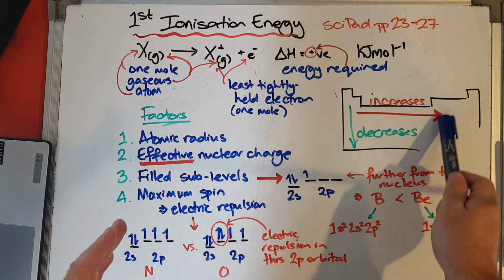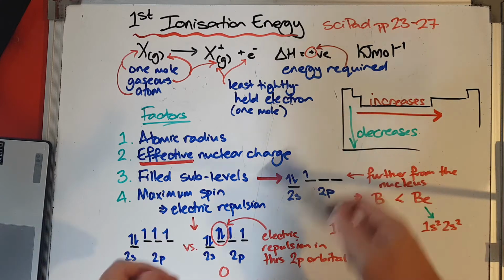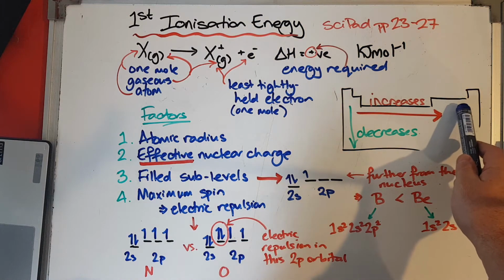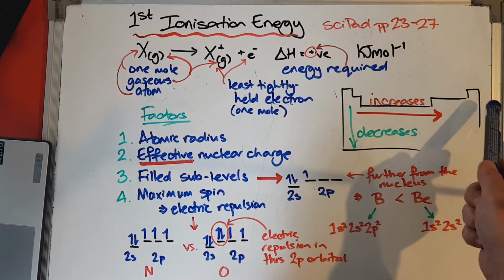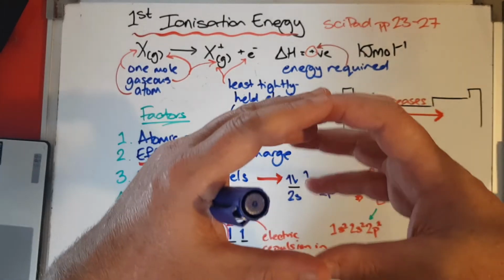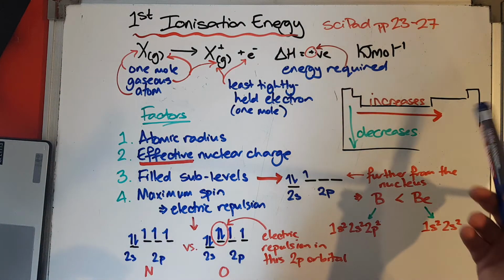And of course, the atoms on the far right have got smaller radii than the ones on the far left. So that makes sense. But when you get across to, for example, nitrogen, oxygen, fluorine, their radii are very similar because as well as an increased nuclear charge, there's also electric repulsion of the electrons in the same shell or energy level.